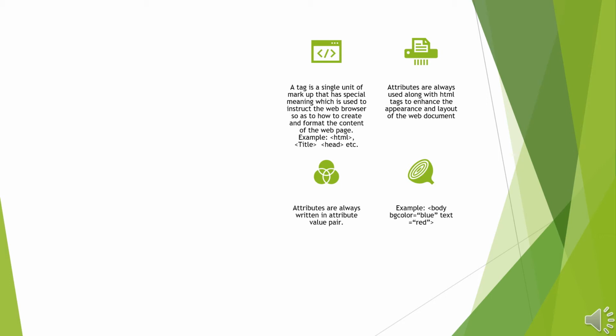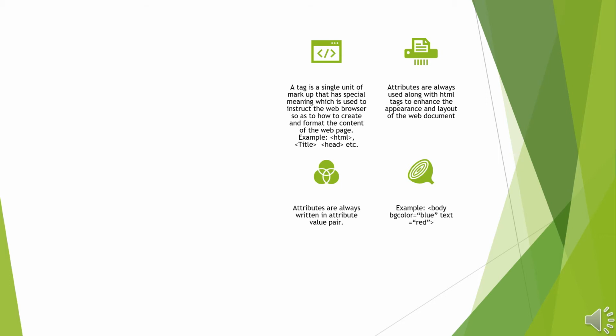So based on that, we call them paired tags or unpaired tags. When I say paired tags, the starting tag and ending tag are a must. They are called paired tags, and unpaired tags means where you don't have to write the ending tag.